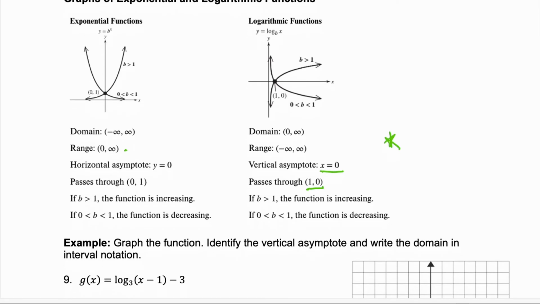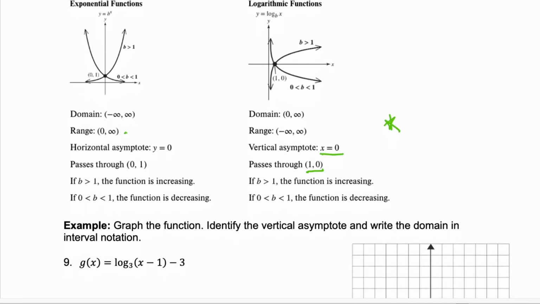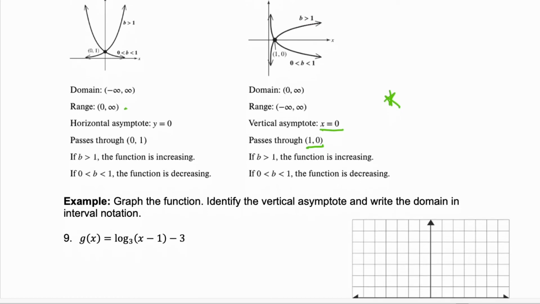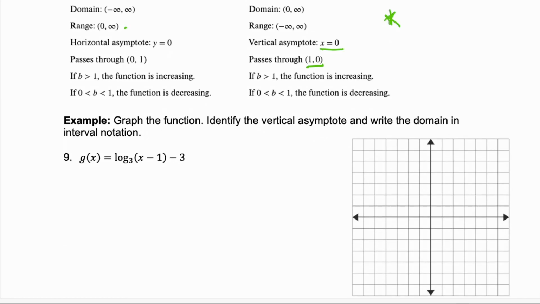Using this information and transformations, we're going to graph this function provided in question 9. Now, note that you could create a table of x values and find those corresponding y values and plot those points. But I think that transformations are very important. So first, let's identify what our mother function is.